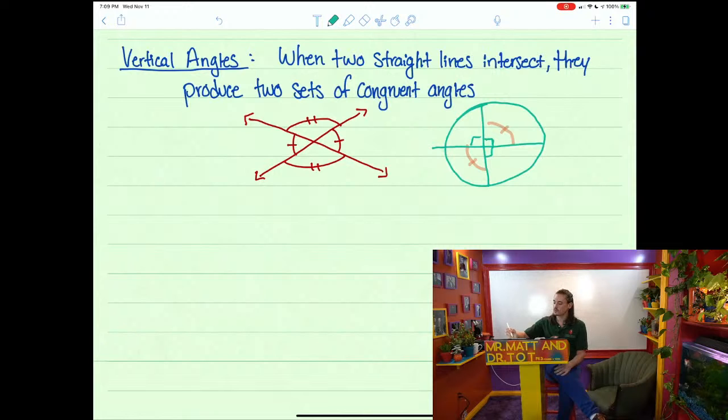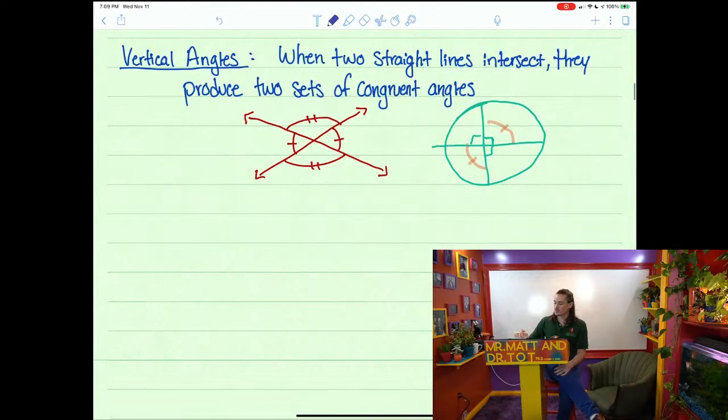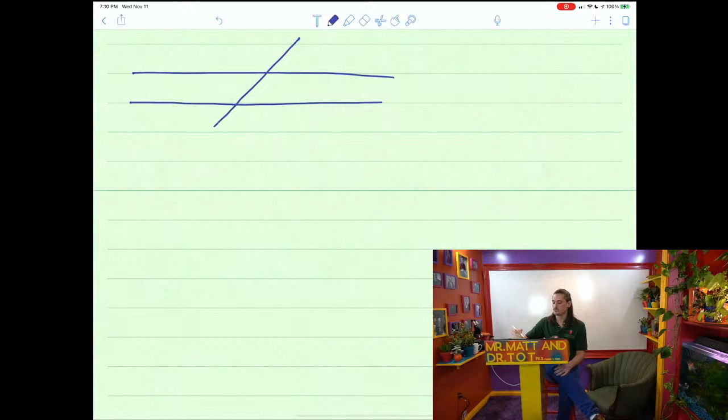And actually I did want to point out one other thing. Whenever you have two parallel lines intersected by another line called a transversal, they produce a whole bunch of congruency relationships.